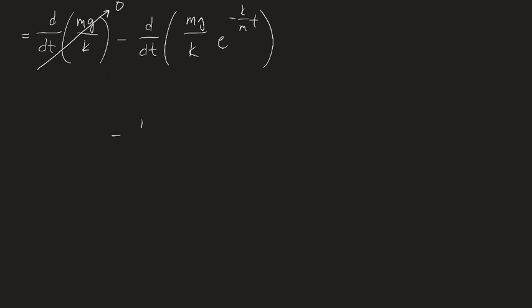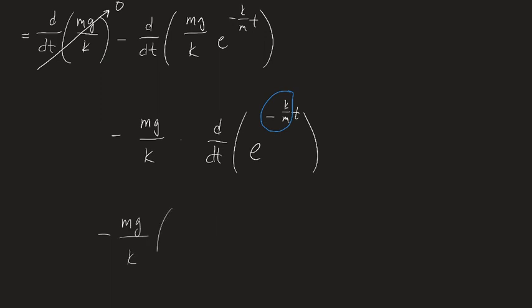So minus mg over k, and now it's the derivative with respect to time of e to the minus k over m t. This is all the stuff that's A. So its derivative will be all of that stuff out front times minus k over m, e to the minus k over m t.